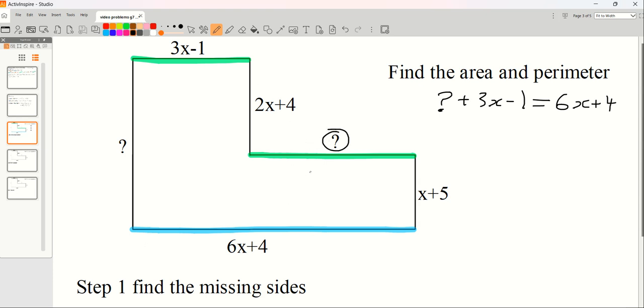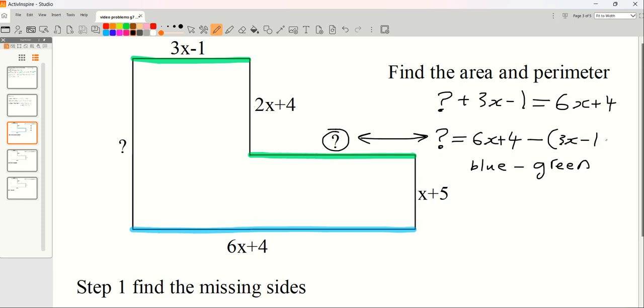Just like they combine to give me the blue highlight, we could do some subtraction to find what is remaining. So this question mark side is going to be equal to 6x plus 4, the blue side, minus the green given side, which is 3x minus 1.